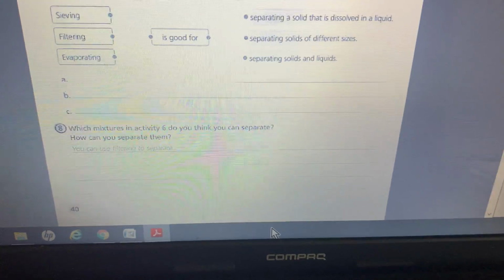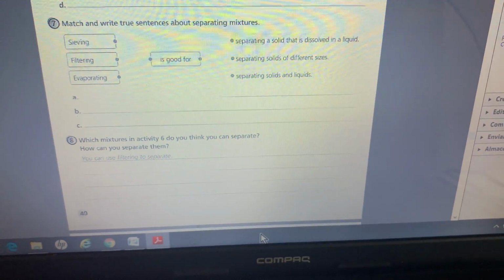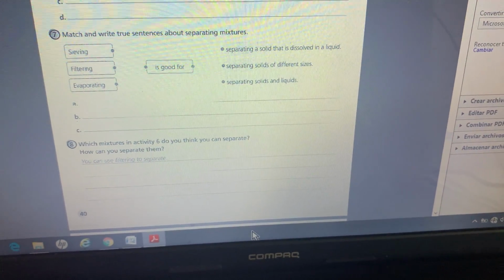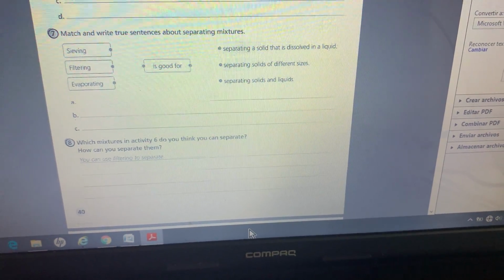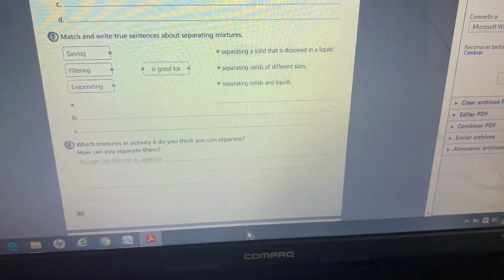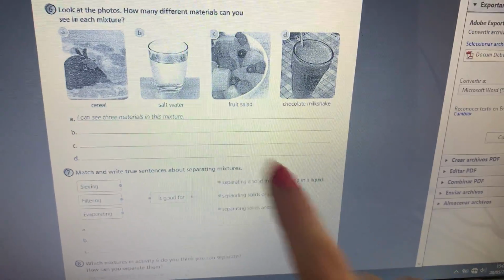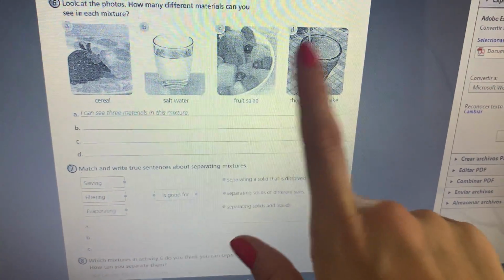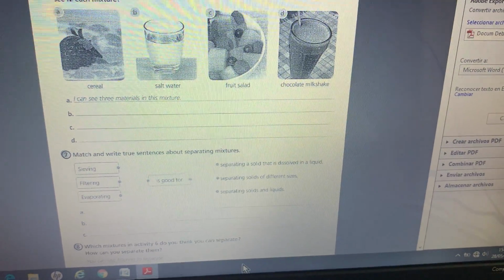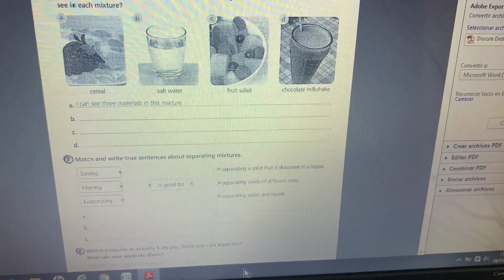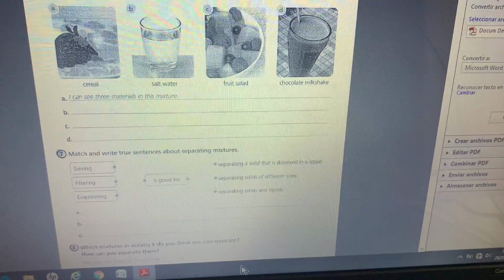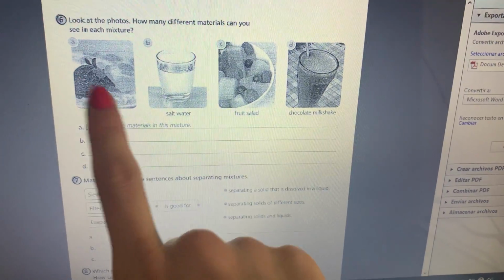And finally, number 8, it says, which mixtures in activity 6 do you think you can separate, and how can you separate them? You can use filtering to separate. You have to choose which mixtures you can separate first, and then how you can separate them.